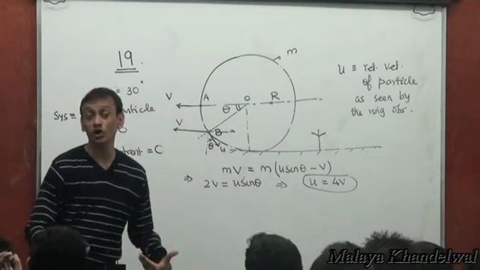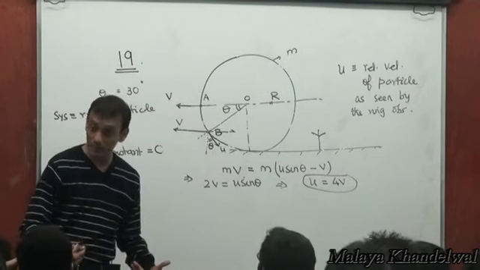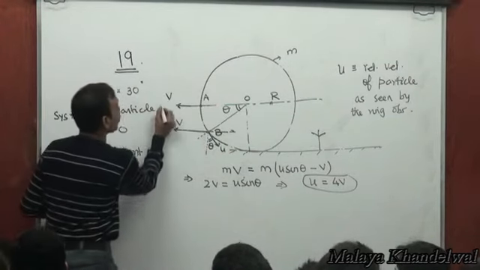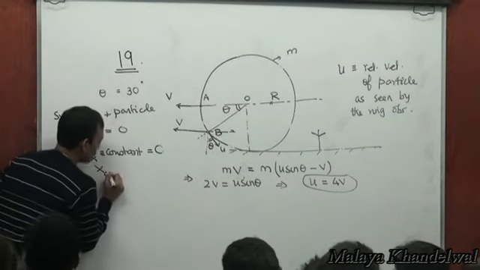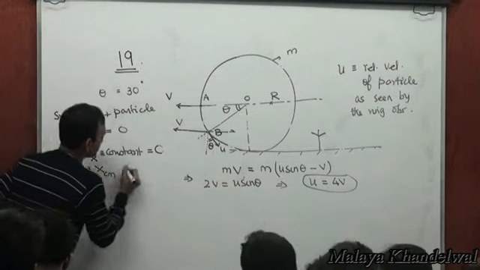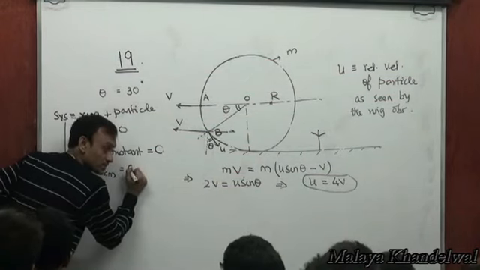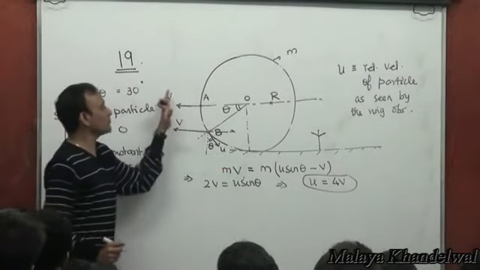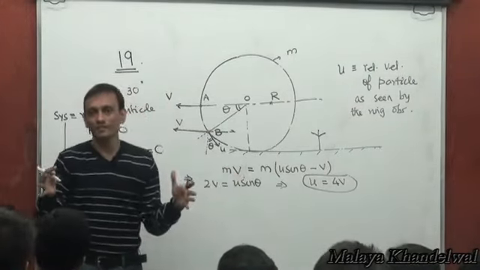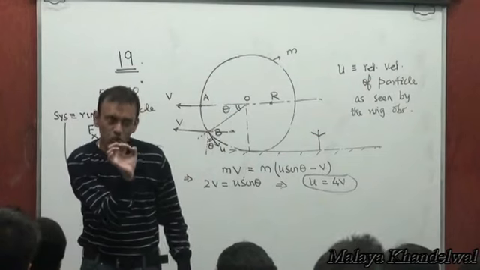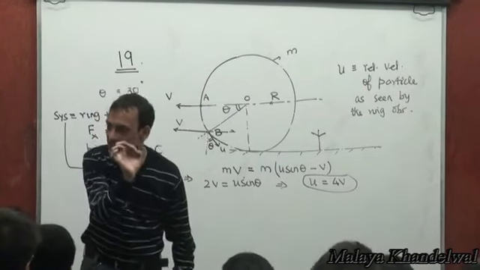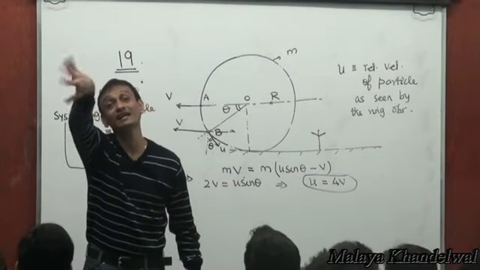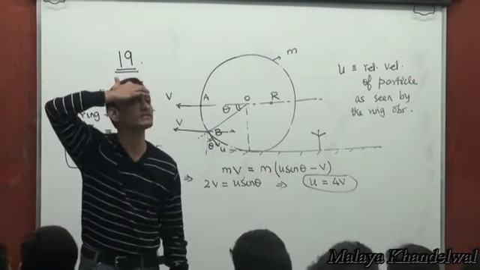But the initial velocity of the center of mass of the ring plus particle is 0, so it remains 0 all the time. That means the x coordinate of the center of mass of the system will be the same. This moves here, this moves there. They move in a manner that the x coordinate of the center of mass of the ring plus the particle must be the same. Are you okay with this?